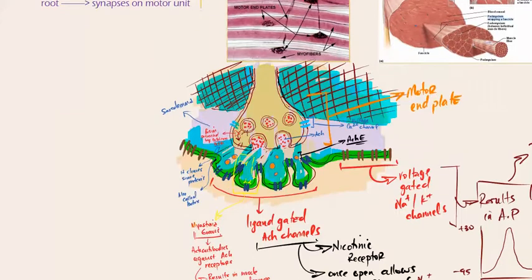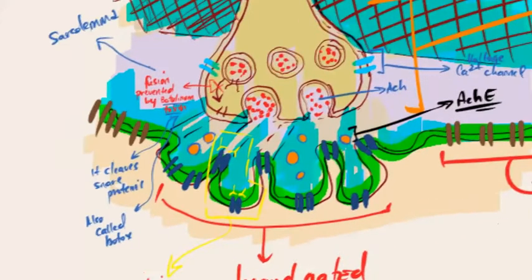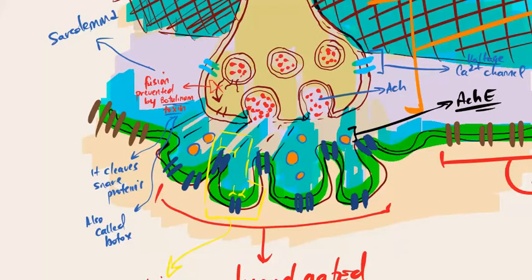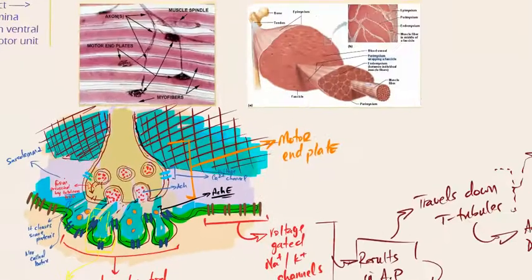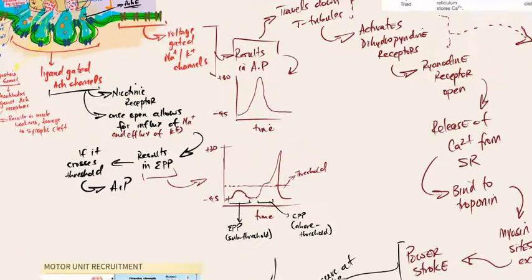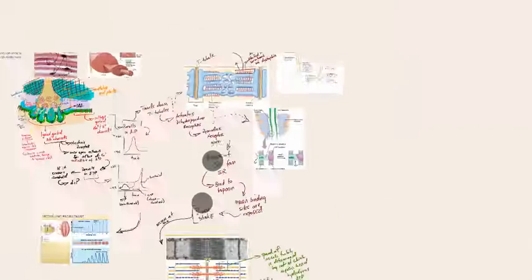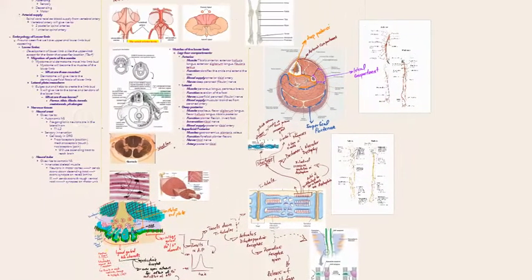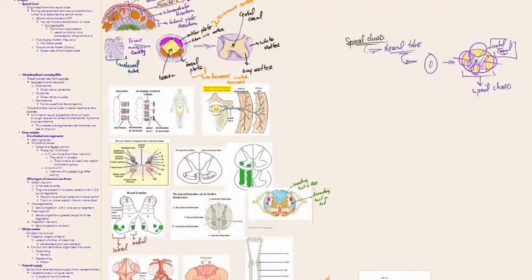Then we're gonna go further into the molecular level, look at the acetylcholine being released. Then we're talking about myasthenia gravis, botulinum toxin, and how the calcium is released, the action potential, the end plate potential, those kinds of things. So that's basically an overview of what we're going to be looking at. Cool?